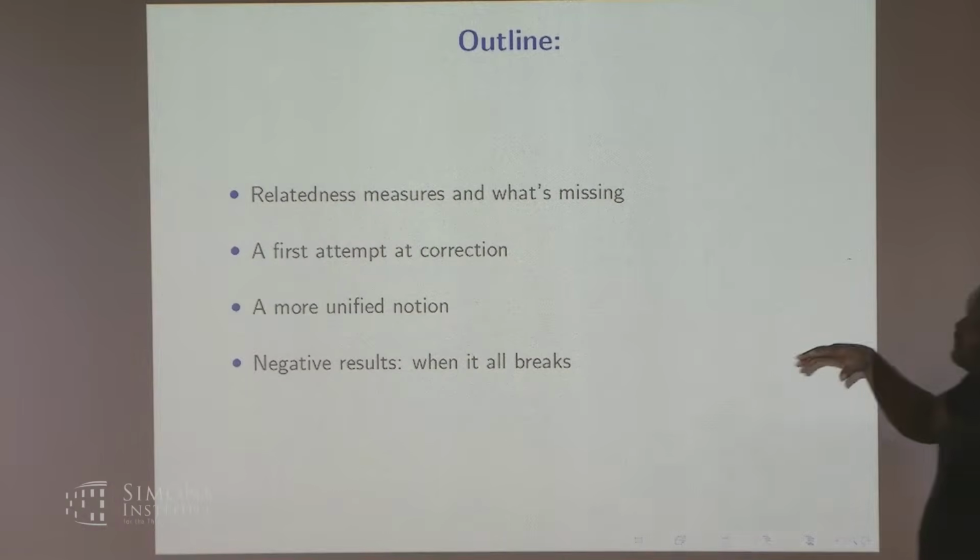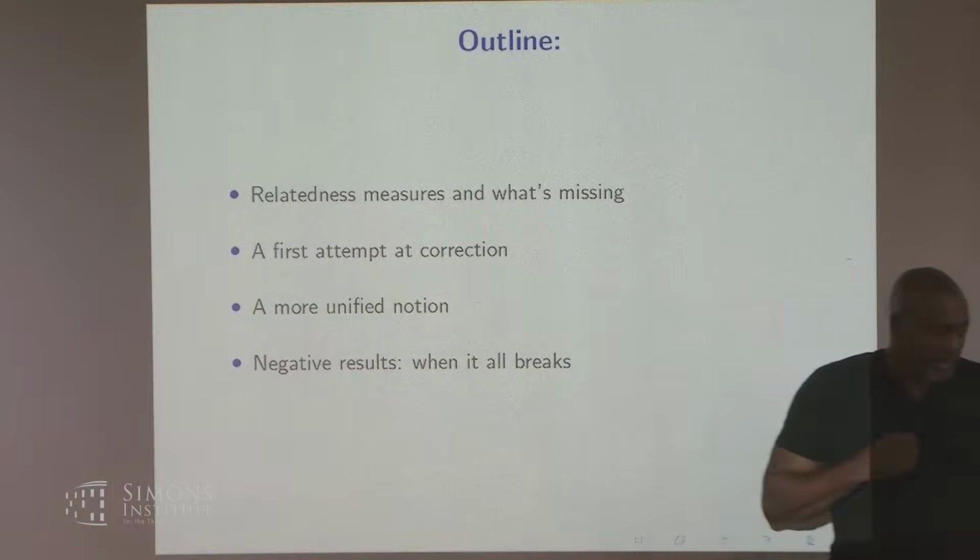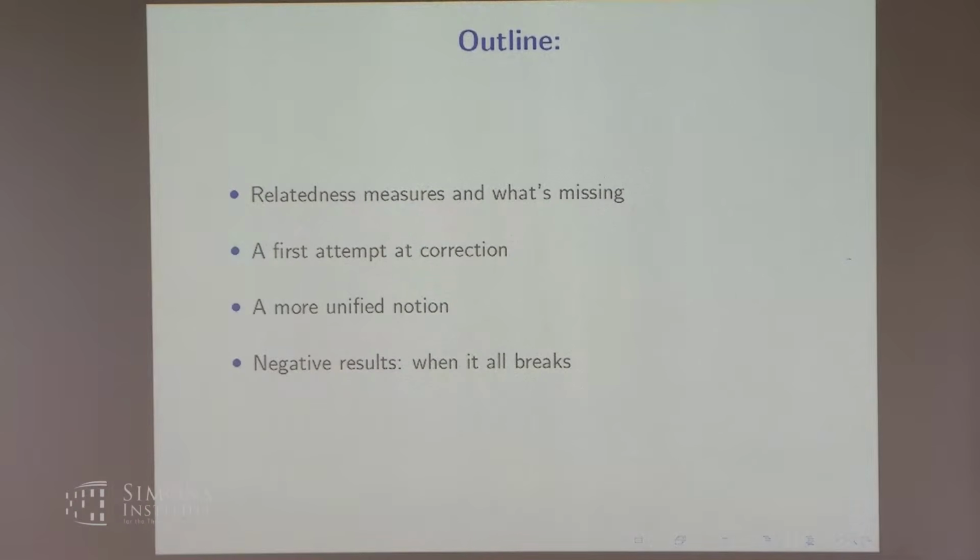And then I'll get into a first proposal, a proposed measure that Steve Hanneke and I have worked on, and that has also a non-parametric counterpart. I'll talk a little bit about it.